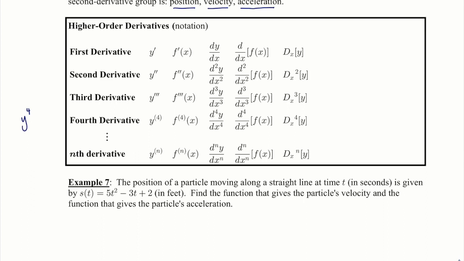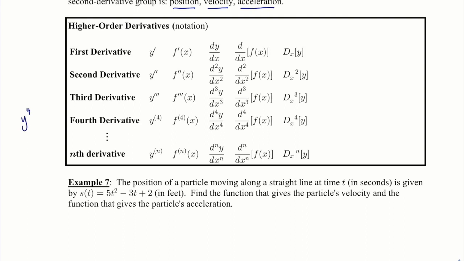This will be more interesting to us when we get into multivariable calculus, because we might have z as a function of x and y, and maybe we first take the derivative with respect to x and then take it with respect to y 2 times or something like that.